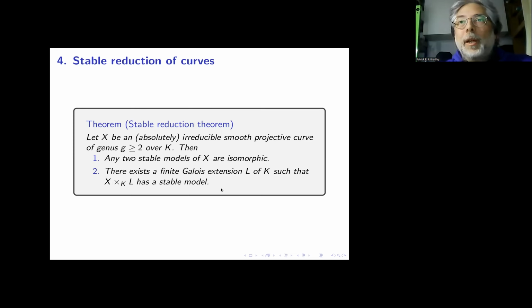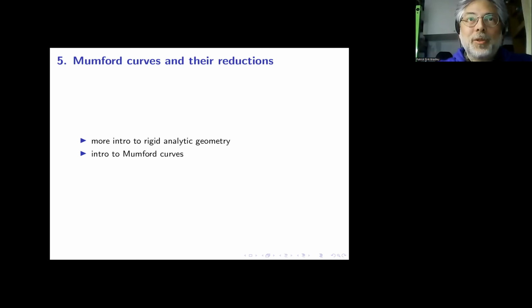So if you extend the field large enough, then you have nice curves, nice descriptions of the curve. And Mumford curves go into this. We'll look at Mumford curves and their reductions. First, an intro into Mumford curves, and we'll learn a little bit more rigid analytic geometry on the way.